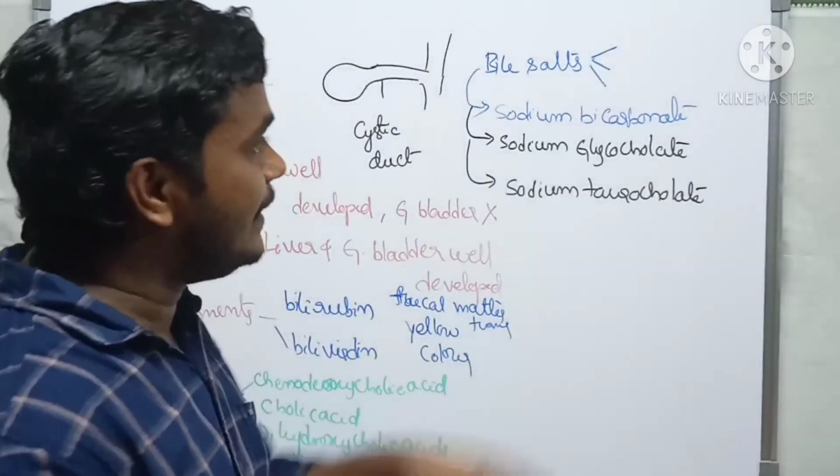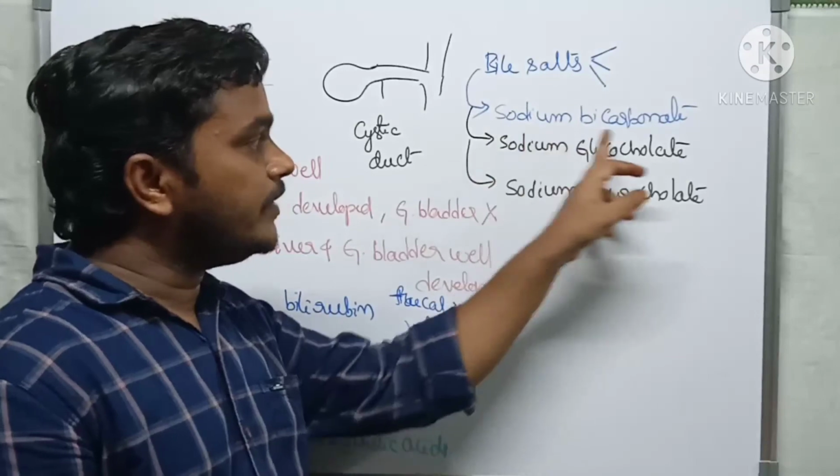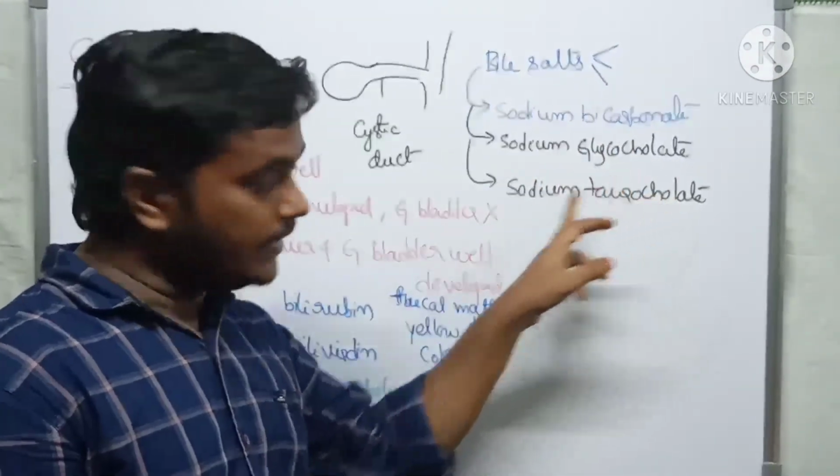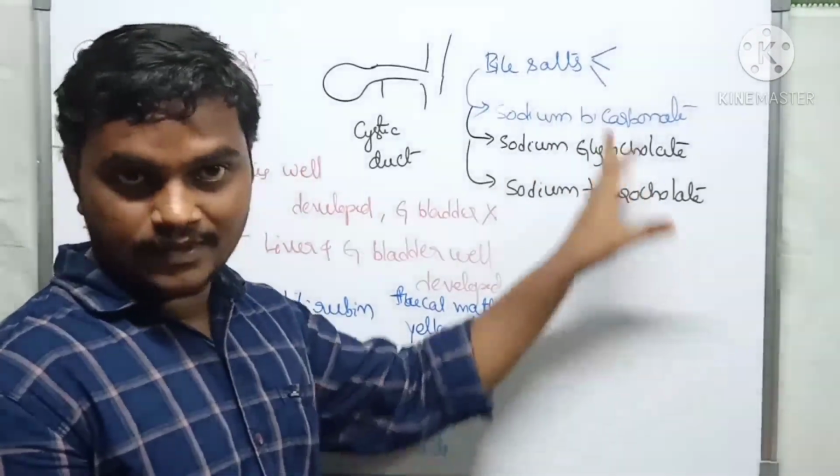These are the bile salts. So the bile salts are sodium bicarbonate, sodium glycocholate and sodium taurocholate.